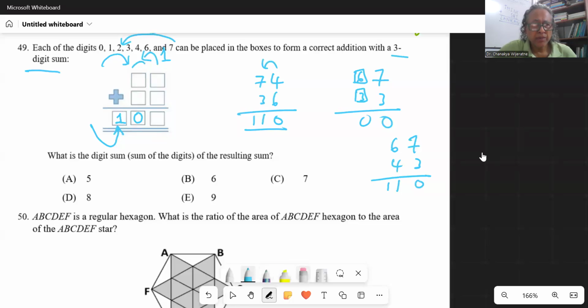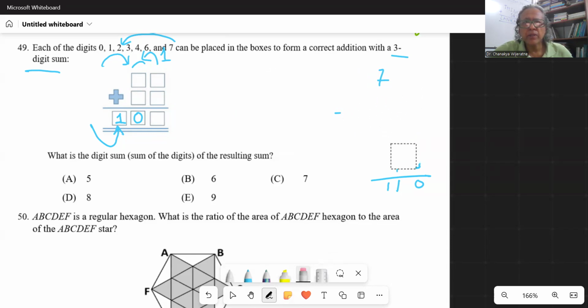All right, what about the other numbers? Now, I'm not going to completely solve this. I'm going to leave something for you. What is that? This has what we call a unique solution. I will not show you the solution.